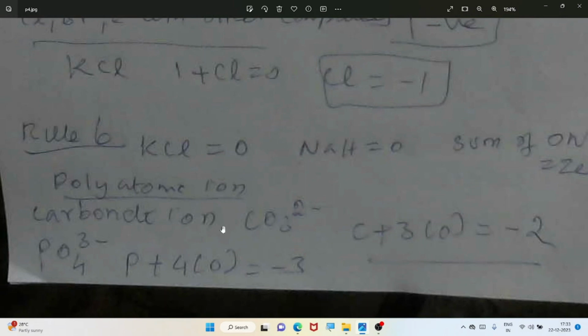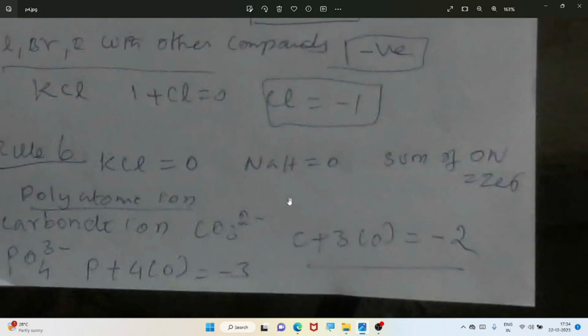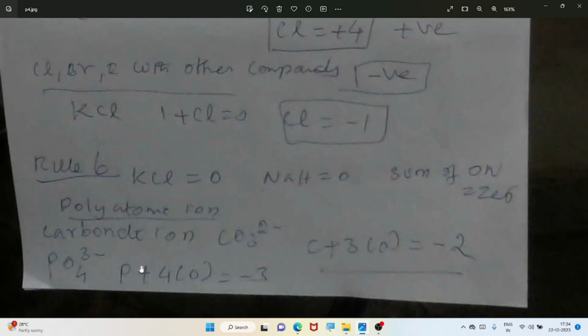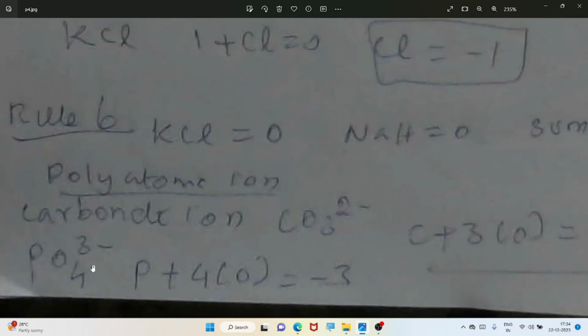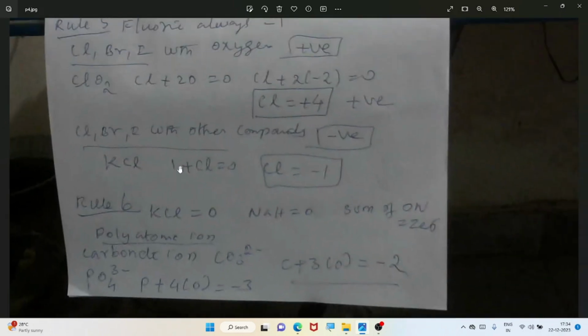For example, the carbonate ion CO3 2 minus: C plus 3 times O equals negative 2, which is the net charge. Now PO4 3 minus: P plus 4 O equals negative 3, which is the net charge. These are the rules.